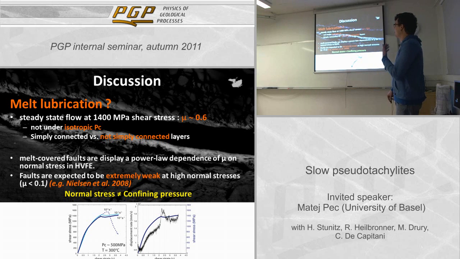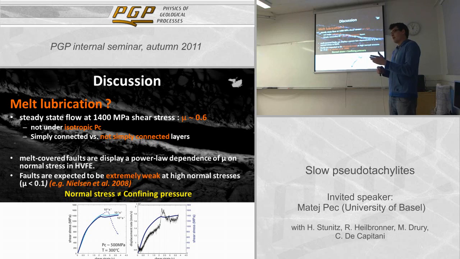And we suspect that this is partly connected to the fact that this extreme weakening, this fault lubrication, is observed in the high velocity friction experiments only after a larger amount of displacement, when a through-going simply connected melt layer forms.